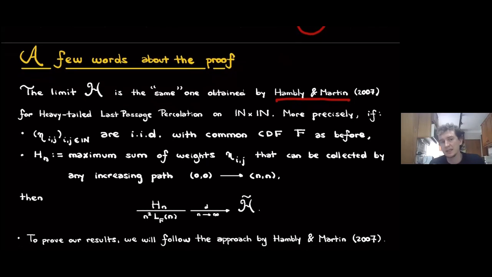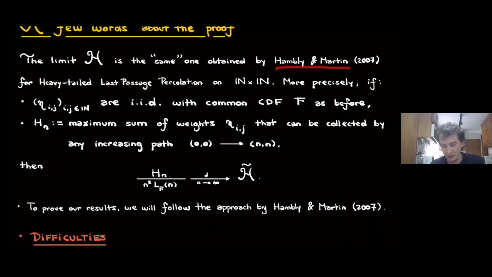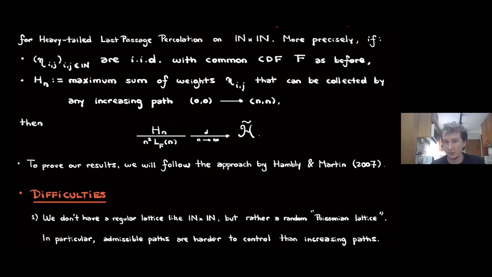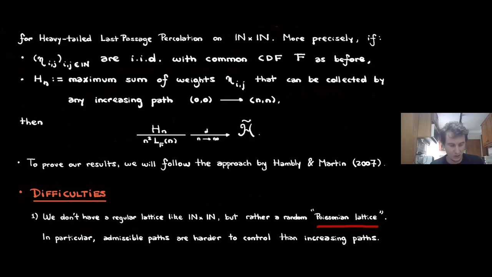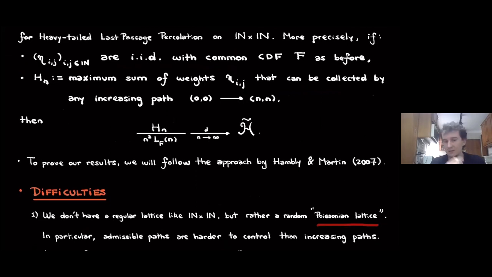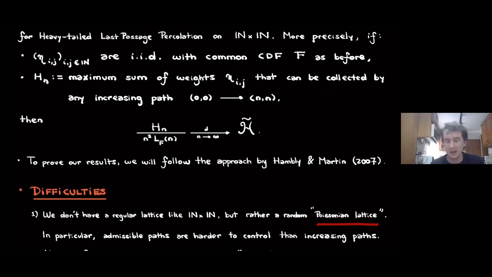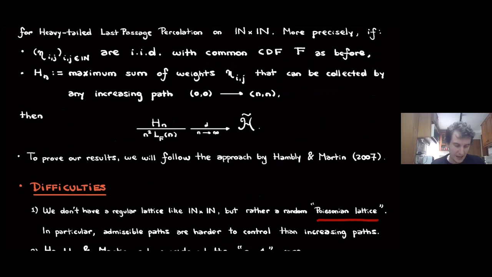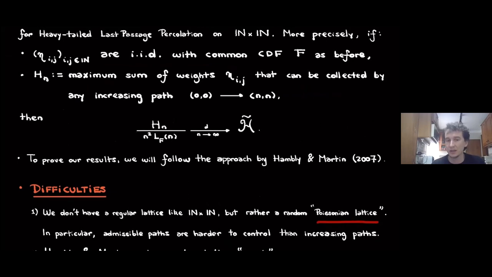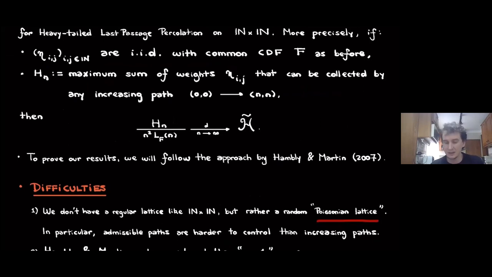First, we don't have a lattice anymore. We have a sort of Poissonian lattice, so it's more difficult to control somehow because we have a random number of points which are not located homogeneously, so it's more complicated. And also the notion of increasing paths gets replaced by now admissible paths, which also makes the whole analysis a bit more intricate than in their case.